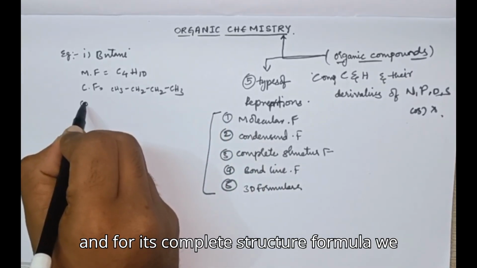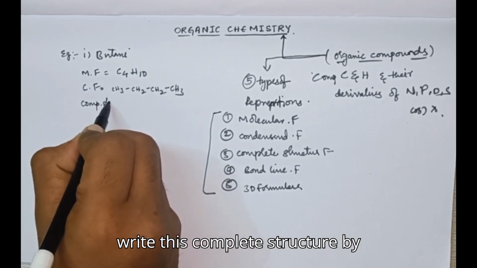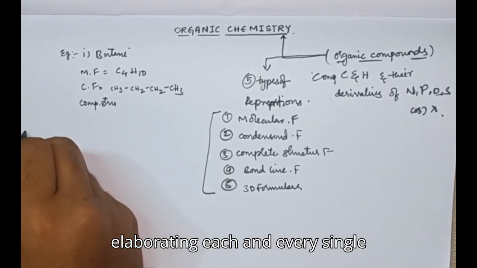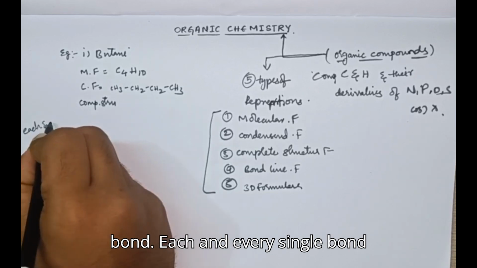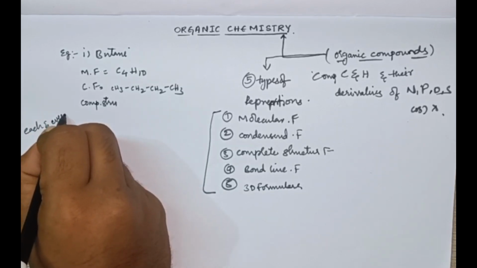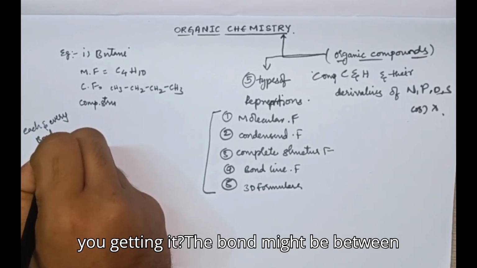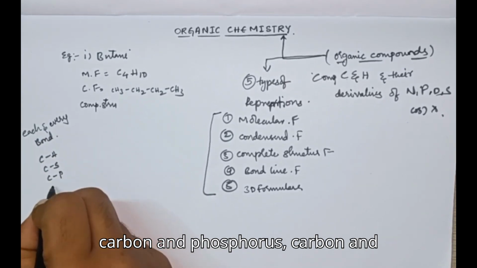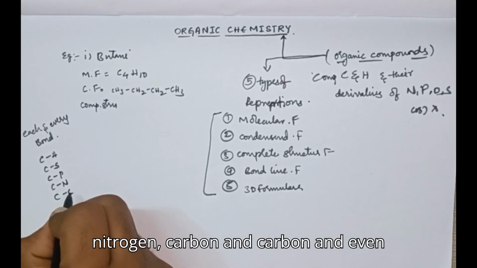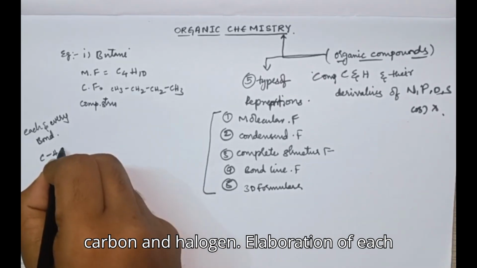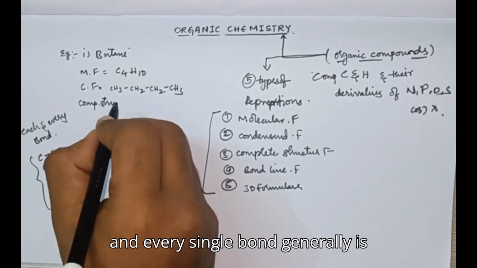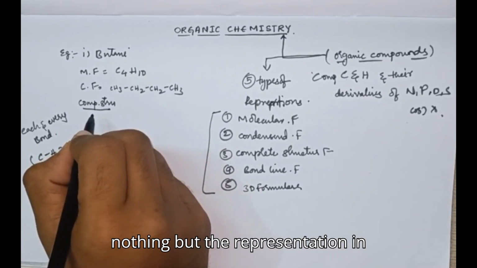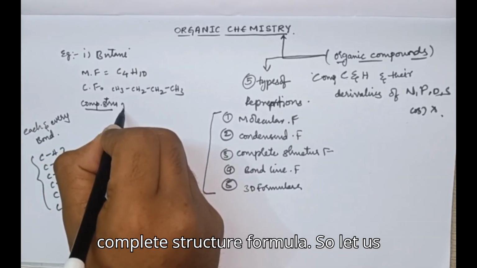For its complete structure formula, we write the complete structure by elaborating each and every single bond. The bond might be between carbon and hydrogen, carbon and sulfur, carbon and phosphorus, carbon and nitrogen, carbon and carbon, and even carbon and halogen. Elaboration of each and every single bond is nothing but the representation in complete structure formula.